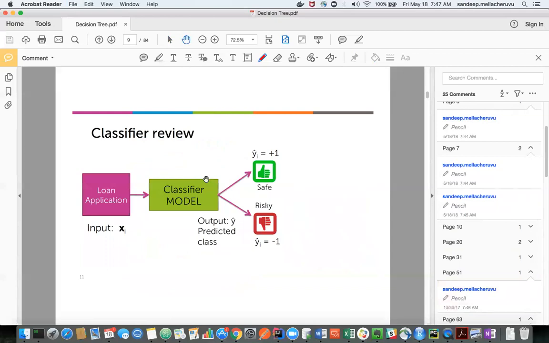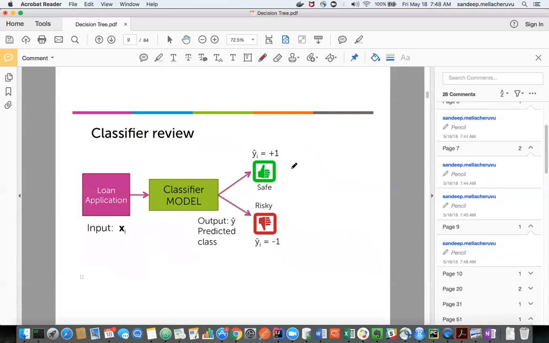in machine learning terminology, what you need to do is give this loan application to some classifier model, some machine learning model. That model will automatically categorize the data into either safe loan or risky loan. In this case, we are saying safe loan as +1, risky loan as -1. But you can use any terminology.